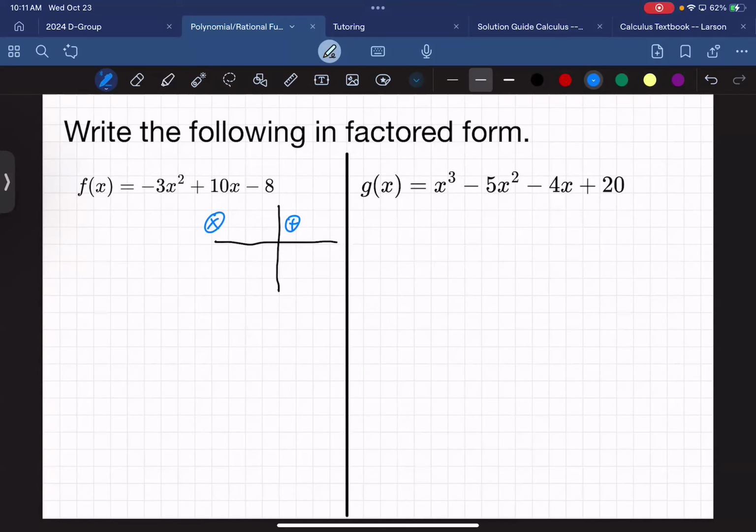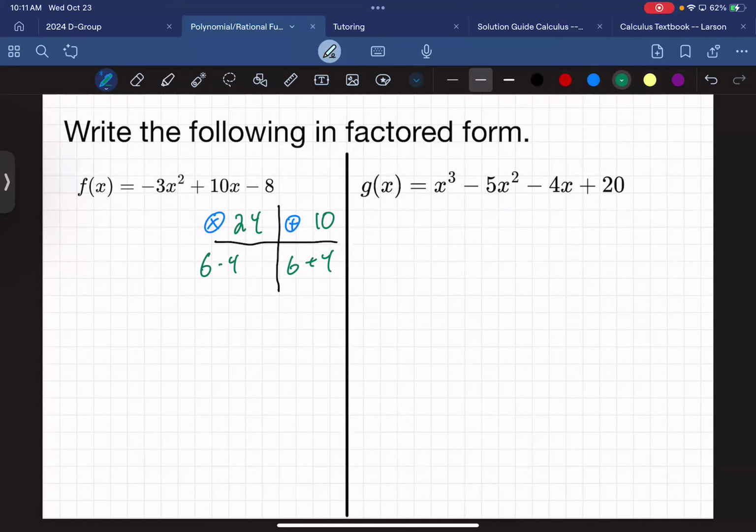Now, when dealing with this, we want to do A times C, as mentioned. That gives us 24, and our B value is 10. Are there any factors that work here? 6 and 4 work. In fact, we could just do 6 times 4 and 6 plus 4.